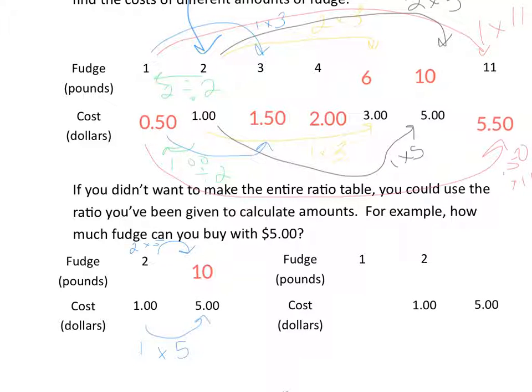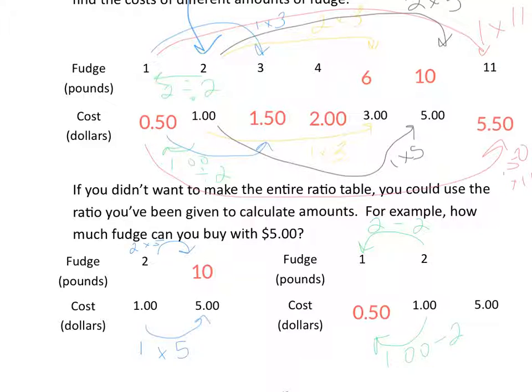The other way to do it is to go backwards and then use that to work forwards. So we can say that, well, I don't know how to get from 1 to 5, but what I do know is I can get from 2 to 1. 2 divided by 2 is going to equal 1. So I can take $1 and divide it by 2 and get that 50-cent mark.